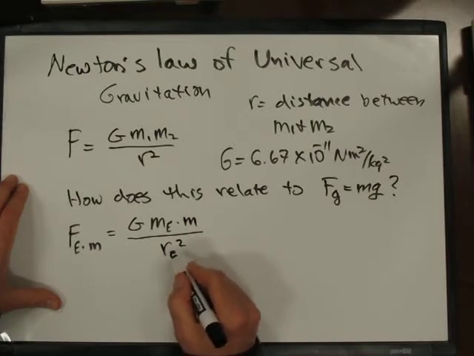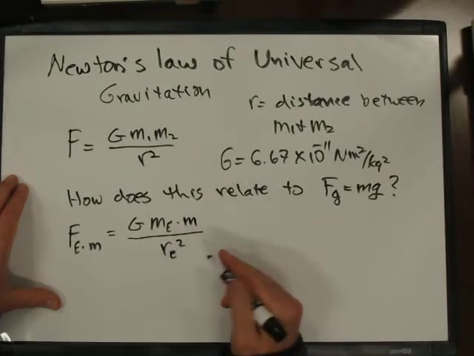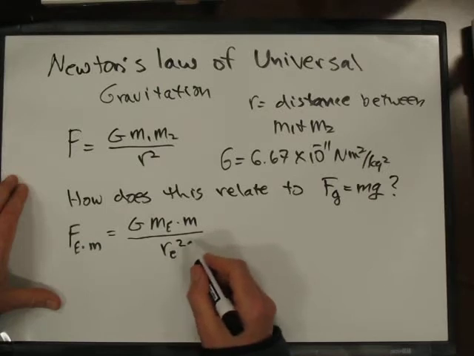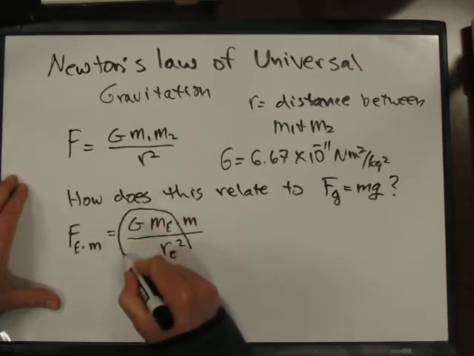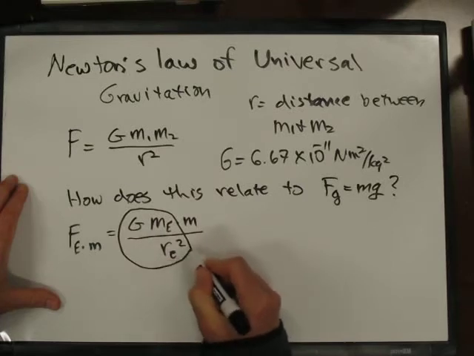The radius of the Earth is 4,000 miles, so if it's within a few miles of the surface of the Earth, this is going to be what the formula looks like. And so you can just pull this piece out and evaluate it.